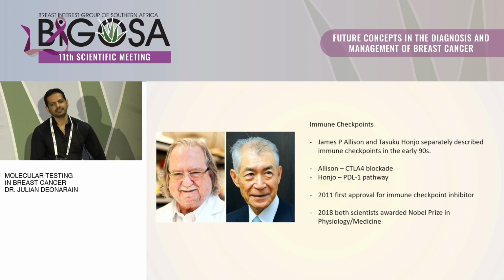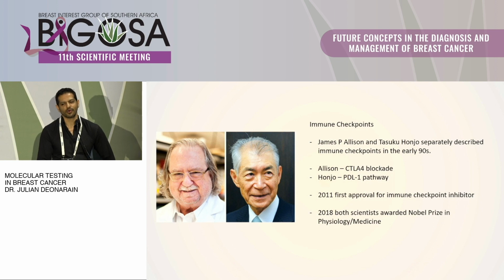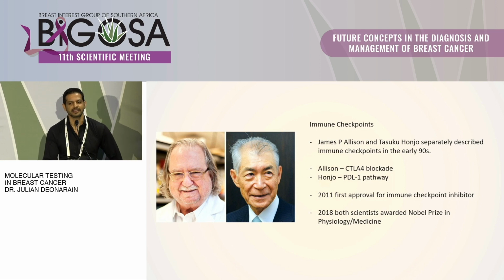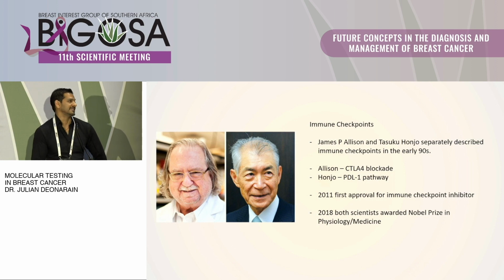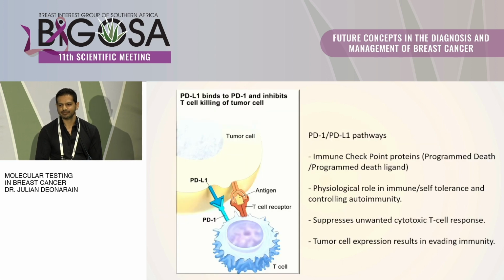In 2011, the first immune checkpoint inhibitor was approved. And in 2018, these two scientists were awarded the Nobel Prize in Physiology or Medicine, because this has changed the way we view the medical treatment of cancer.